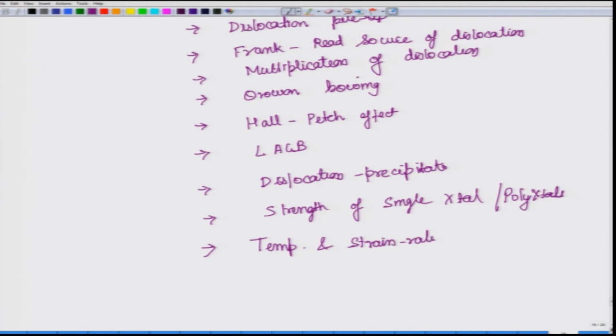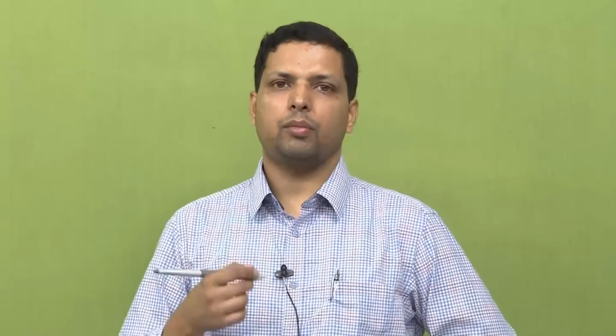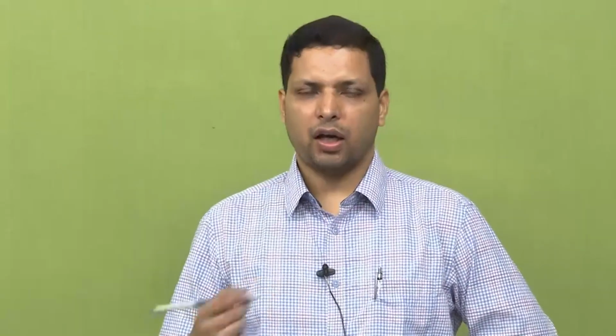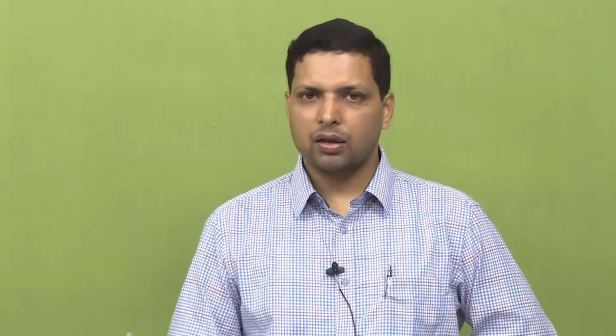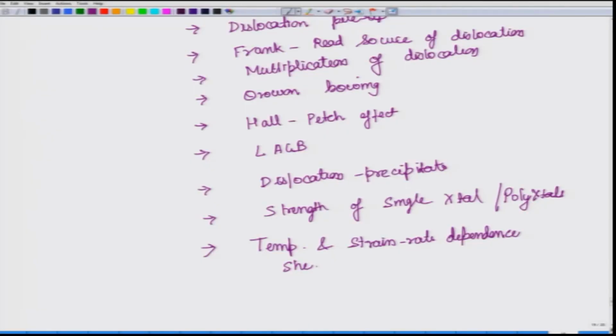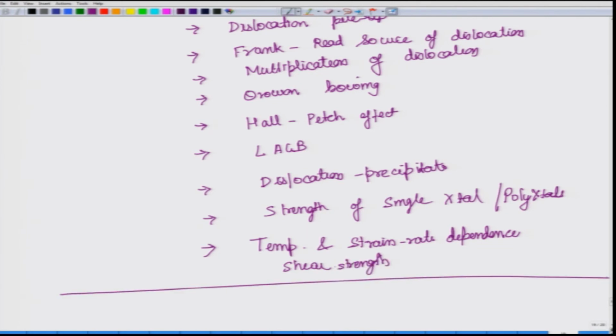We will look at this phenomenon from the dislocation point of view, because in the end it is the motion of the dislocation at the application of shear stress, but at certain temperature you need to apply lower stress, at lower temperature you need to apply higher stress, at a higher strain rate again you need to apply higher stress. So, how does this shear strength depend on temperature and strain rate? So, these are some of the important topics that will be covered in the next part of the course.